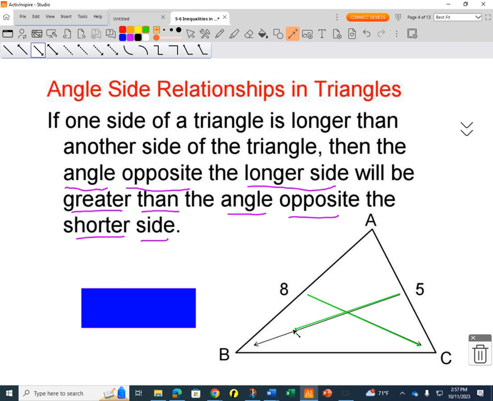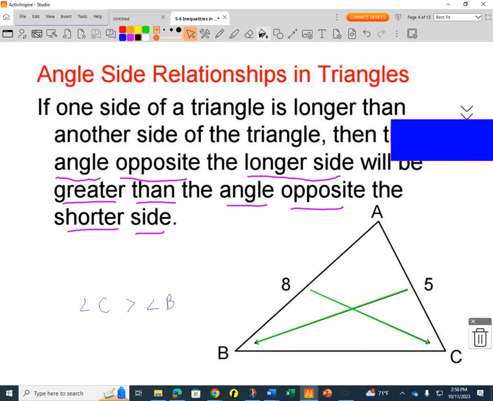angle B. That is, angle B is across from the shorter side, angle C is across from the longer side. So now we know that the measure of angle C has to be greater than the measure of angle B. So we are going to use the measures there.